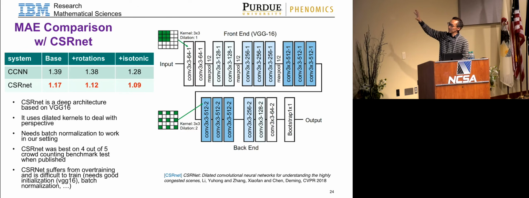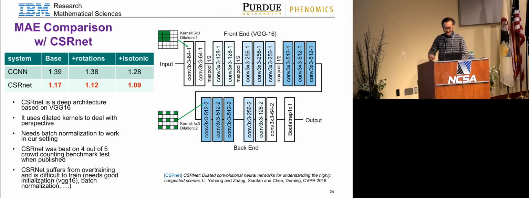And then you can leverage that. You can keep that model and then train on top of it to customize to your problem. Now, the CCNN method, even if you add the rotations and isotonic regression, which improves our numbers, and it does, is still not doing as well as CSRNet.